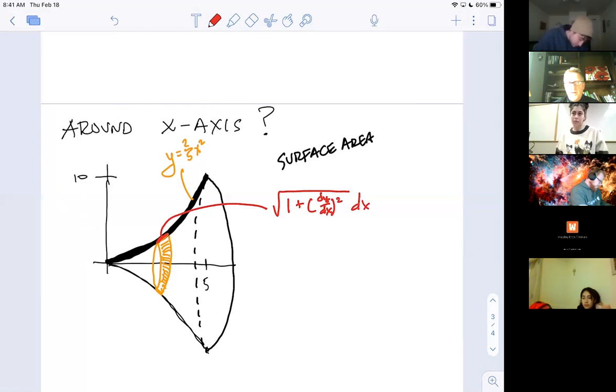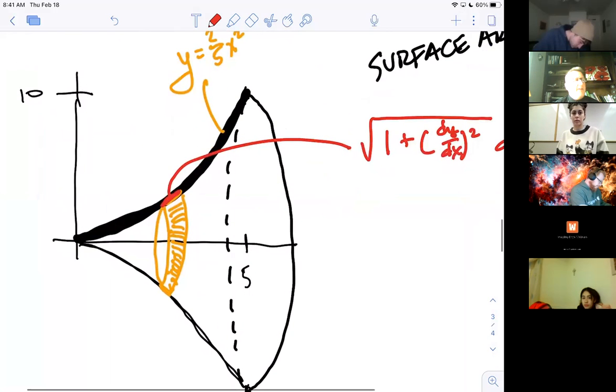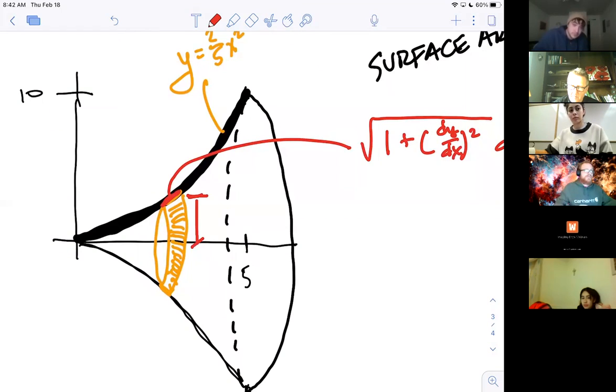So the only other thing we need really is the radius. What's the radius of our slice here? What do I call the radius of that slice? I hope every one of you knows the answer to this question. What's that radius right there? It's just y.